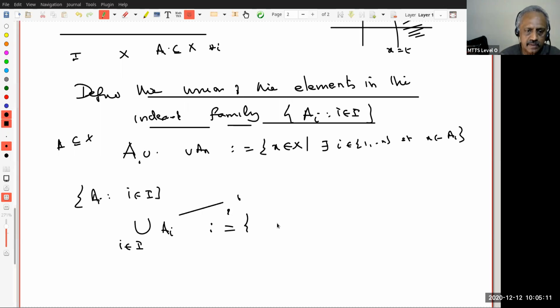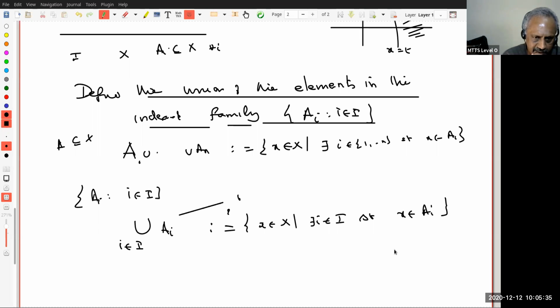Now you can mimic: start with all elements x in X. I have to tell you when x belongs to the union. That is a condition. x belongs to the union of A_i if, exactly the same thing, there is an i in the indexing set I such that x belongs to A_i. It may also belong to more than one, I don't care. Do you follow that?